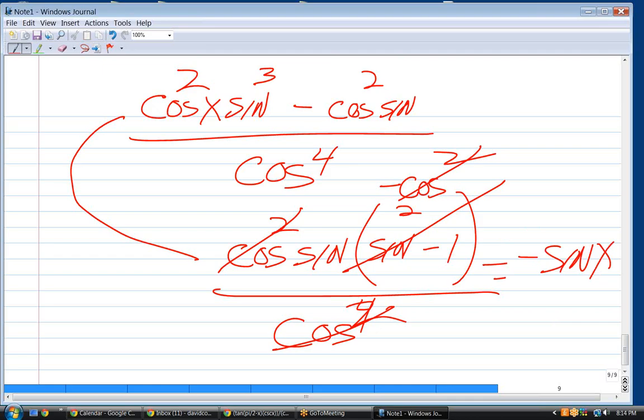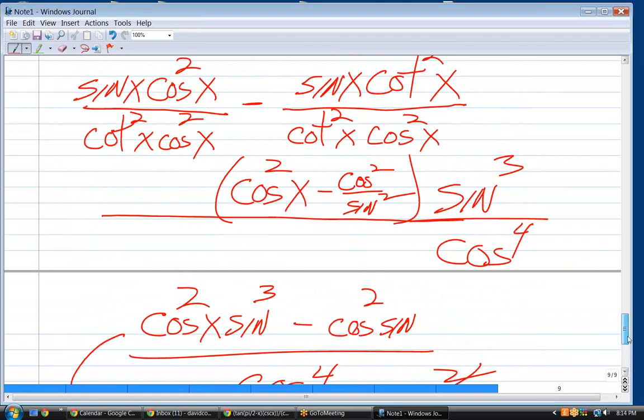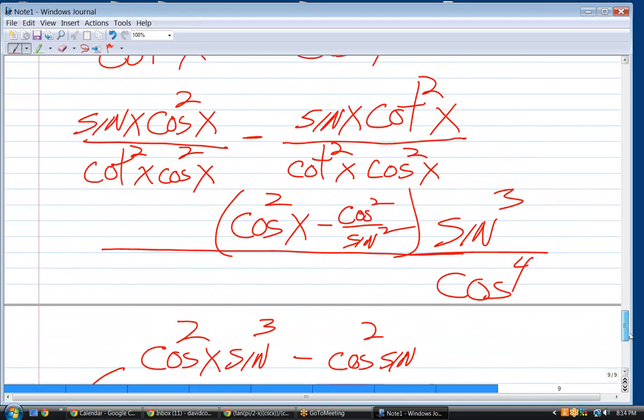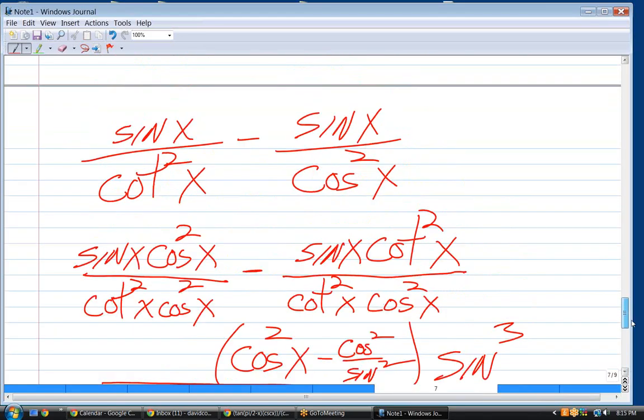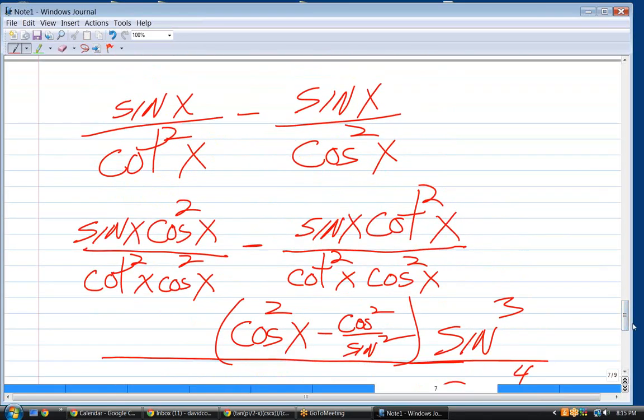Like I said, I might have done that the long way, and there may have been a shorter way to get to that answer. But that's what happens when you're verifying trig functions: you don't always take the shortest path, but as long as you get the answer, it's generally sufficient.